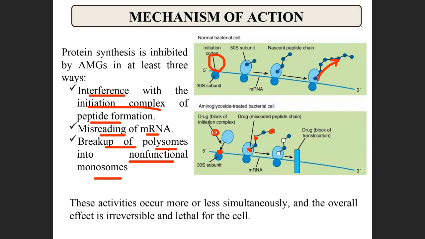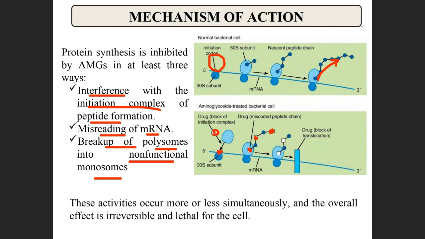So these are the three mechanisms by which the aminoglycoside tries to freeze the synthesis of protein. The first one is, it will interfere with the starting process, that is the initiation. Next is, it will cause miscoding of the mRNA or miscoding of the amino acid chain.